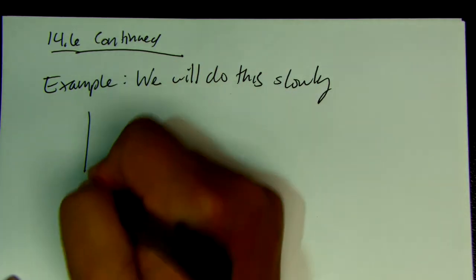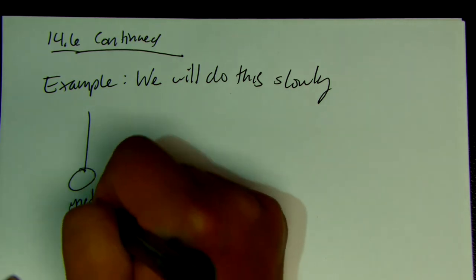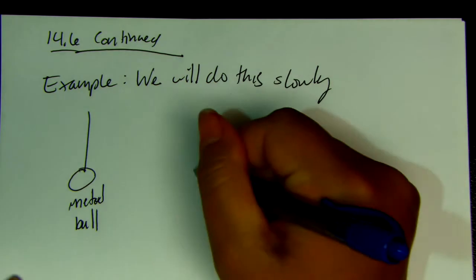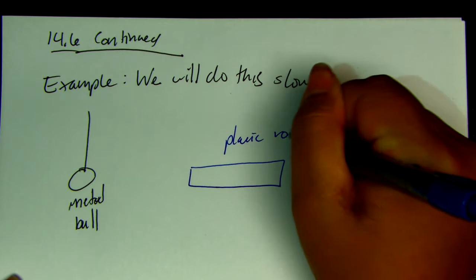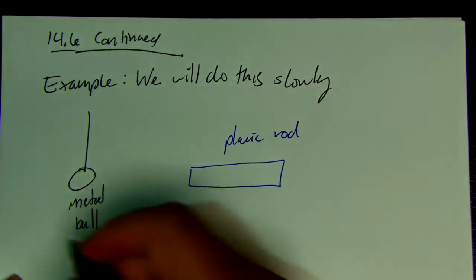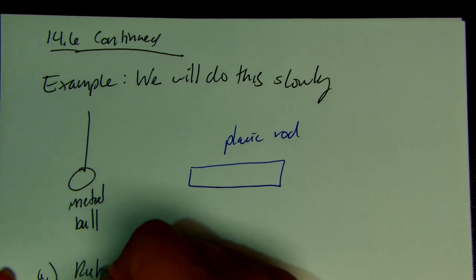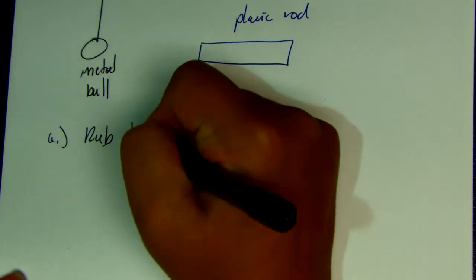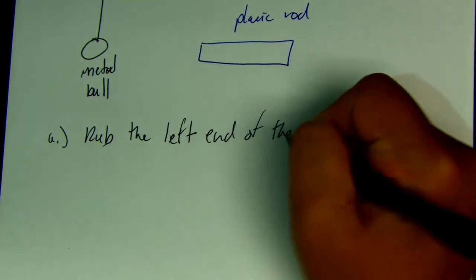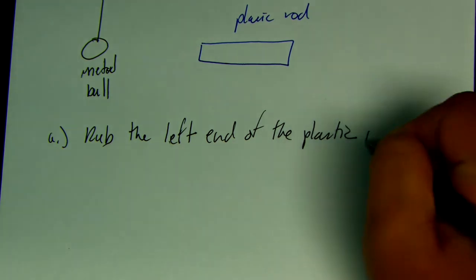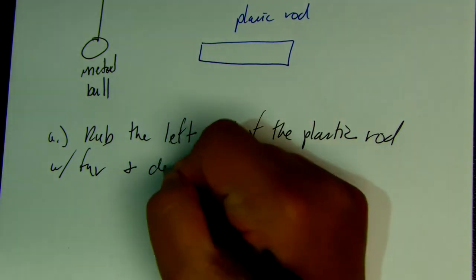So let's say we have a metal ball and a plastic rod. All right, so what we're going to do is rub the left end of the plastic rod with fur and deposit electrons.